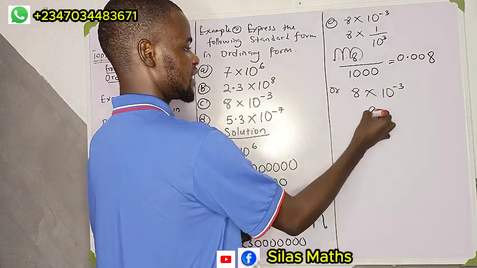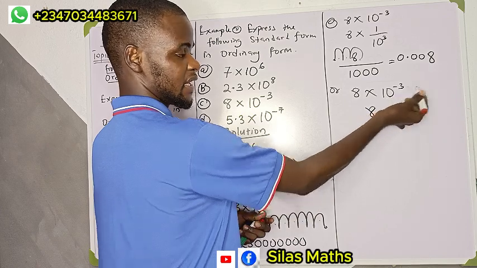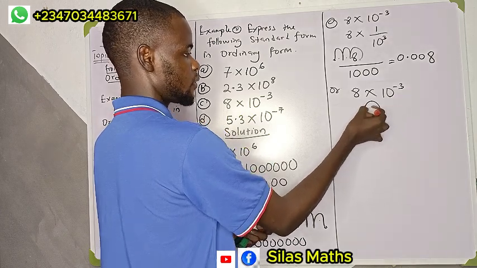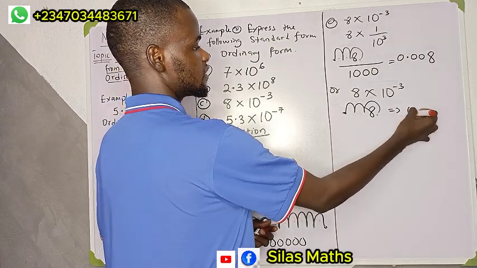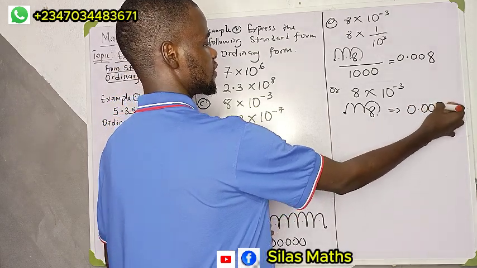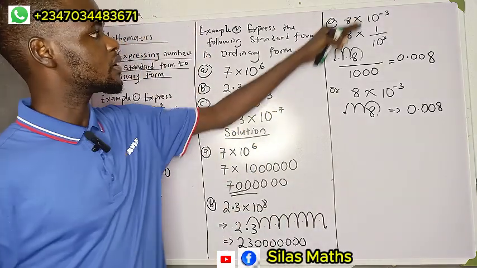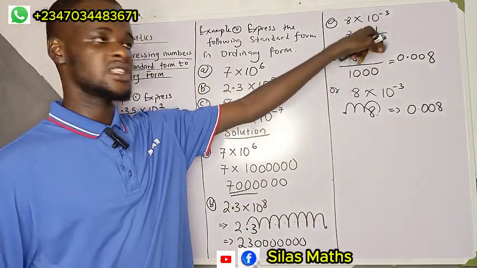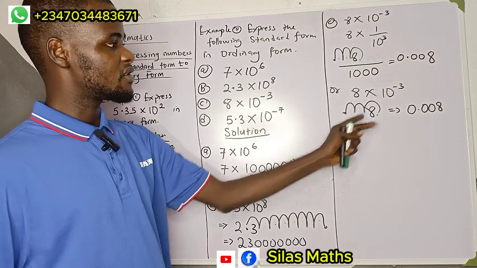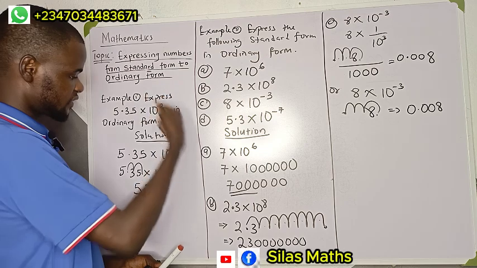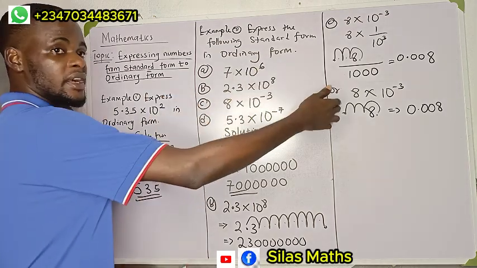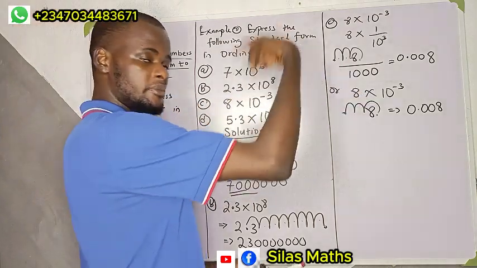So if I have my 8 here, and I'm shifting the point 3 times for the negative power, I'm going to have 0.008. So instead of going through all this process of trying to change it to this and that, just go ahead and shift backward. When the power was positive, we shifted our point forward. But this time around, the power is negative, so we are shifting our point backward.